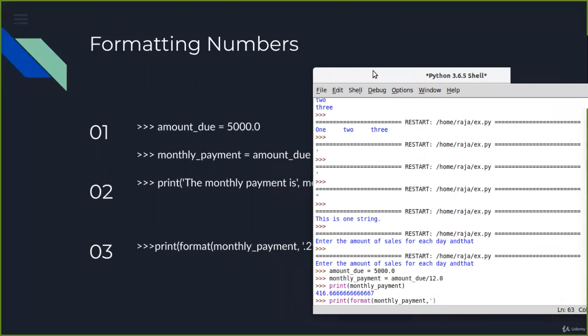So after my decimal point, that is why I have specified the dot, I would like 3 numbers to be displayed. That is, I want 416.666 to be displayed. And what are the 3 numbers? It should be my floating point number.